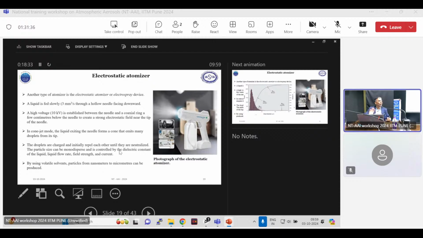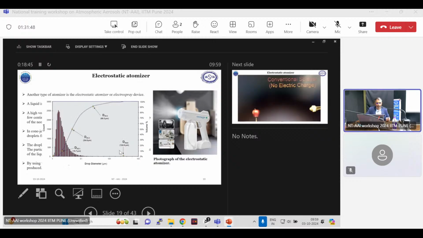So it will be a homogeneous deposition of the aerosol particles. So this is very famous in agriculture and health. So the principle is the same for this atomizer, and here particles can be from some micron to micron.